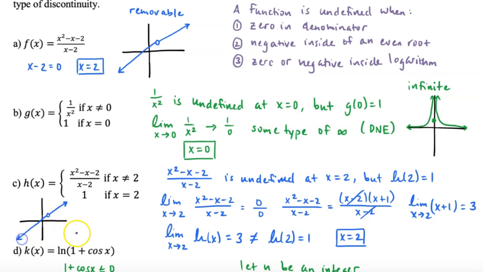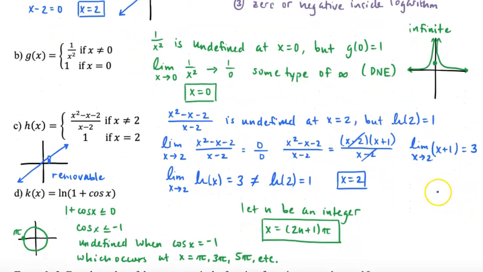The only difference in part C is that now when x equals 2, h of x is equal to 1. So I've got a point right about here. This still is a removable discontinuity, because I could fix the problem by redefining h of 2 as 3. That would fix the problem.